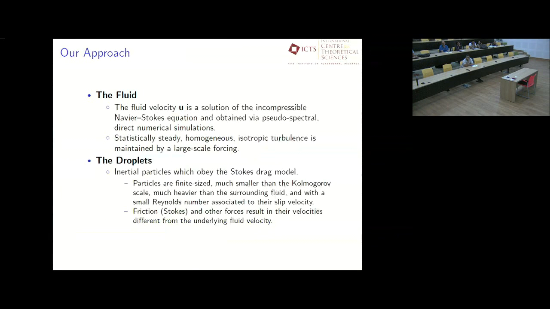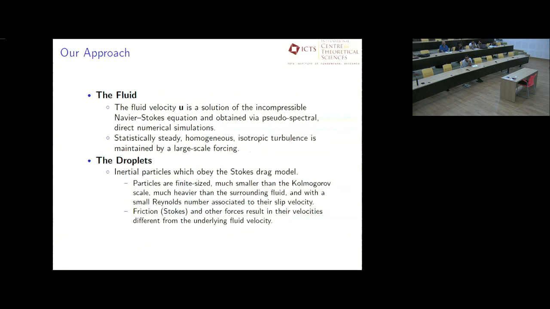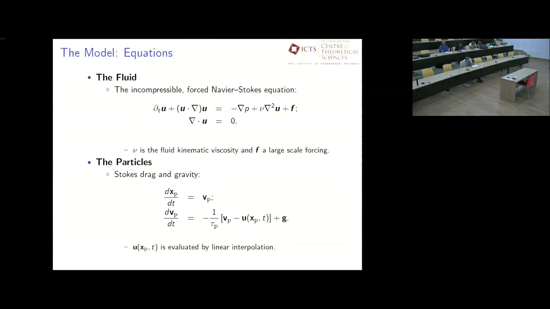Our approach: we take the fluid velocity from the Navier-Stokes equation, exactly like what Jayanta Bhattacharya was teaching you a month and a half ago. We make no approximation to the Navier-Stokes equation. We solve it using pseudospectral methods for accuracy, and we work typically in homogeneous isotropic turbulence. The particles, as I told you, are droplets that obey that equation.